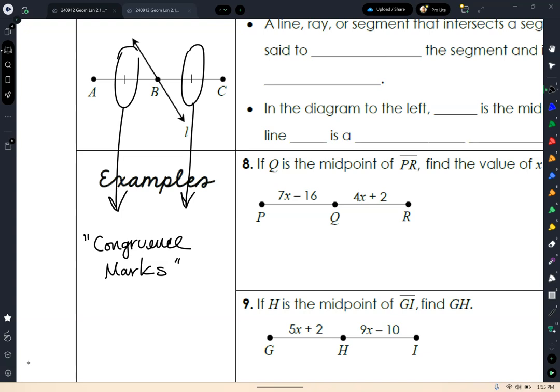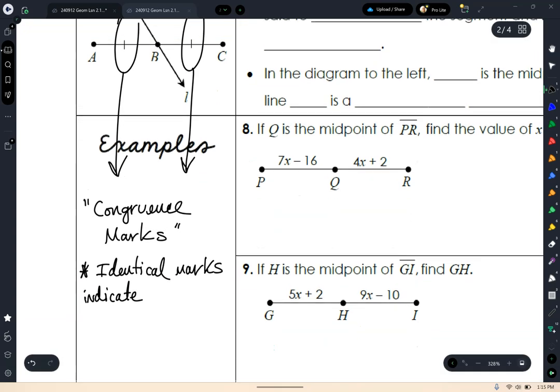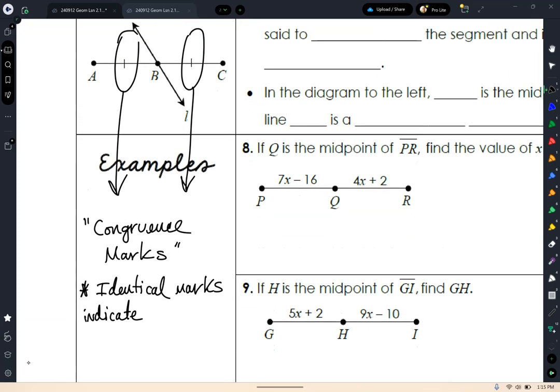What they tell us is if those marks are the same, 1 hash mark, 2 hash marks, 3 hash marks, something like that, and you'll see more examples of this as we move on, if they're the same, identical marks indicate equal measure.